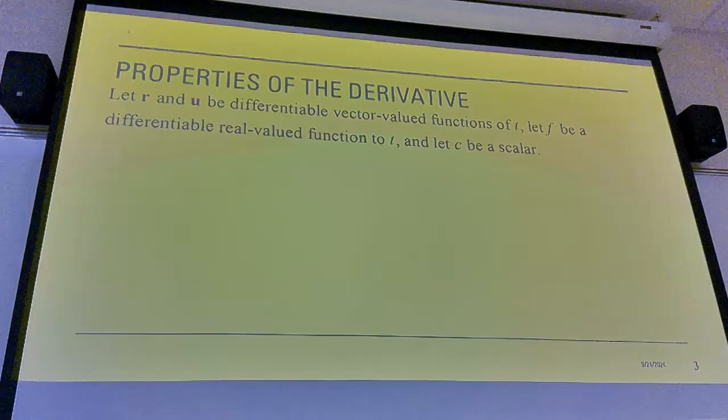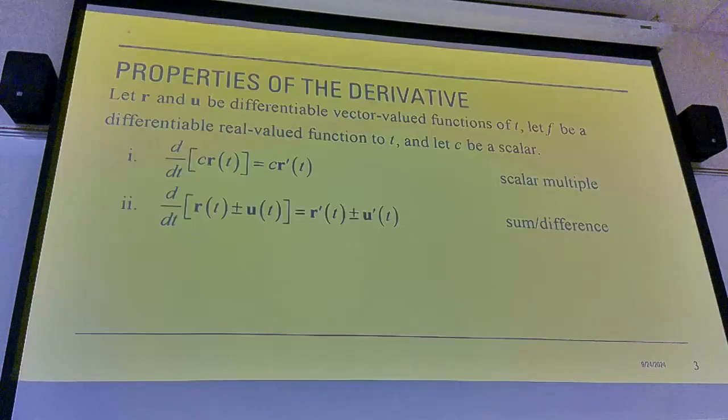So there's scalar multiple, sum and difference. Right, so obviously those are the same. We lose quotient rule for vectors because there's no such thing as a quotient of vectors. Product rule.